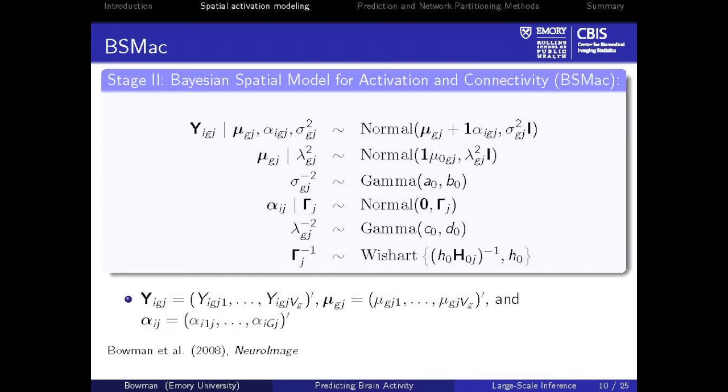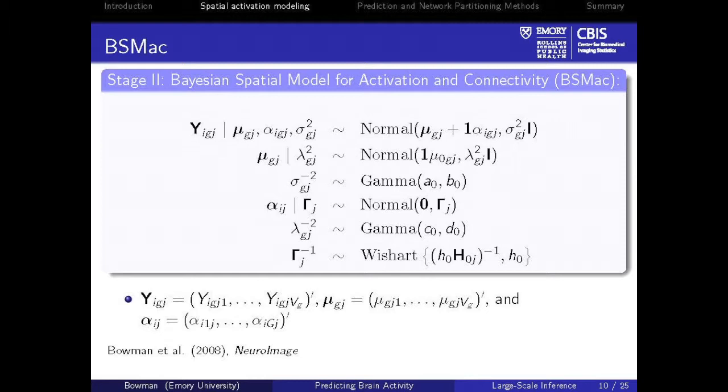All right, so real quickly, here's the basic model. It excludes covariates and things like that, which are also a part of it, but to simplify notation, those are not included here. So subjects are indexed by i. g represents the particular brain region, and this is a vector with all of the voxels in that region.